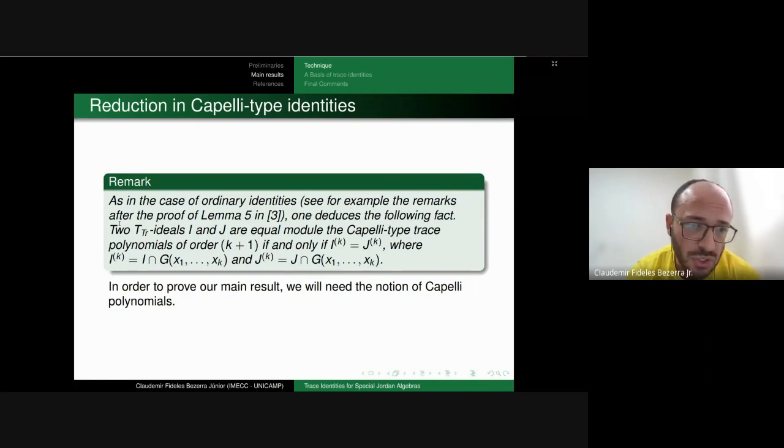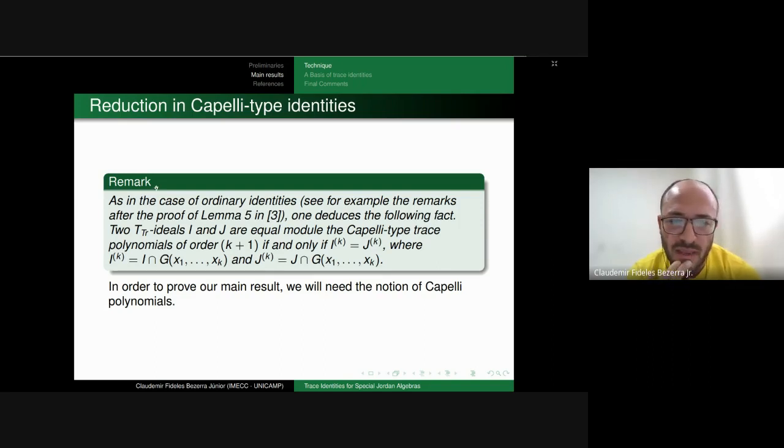Two TR ideals I and J are equal modulo the Capelli type trace polynomial of order k plus 1 if and only if these TR ideals are equal when considered in the free algebra in k variables. This is the remark.